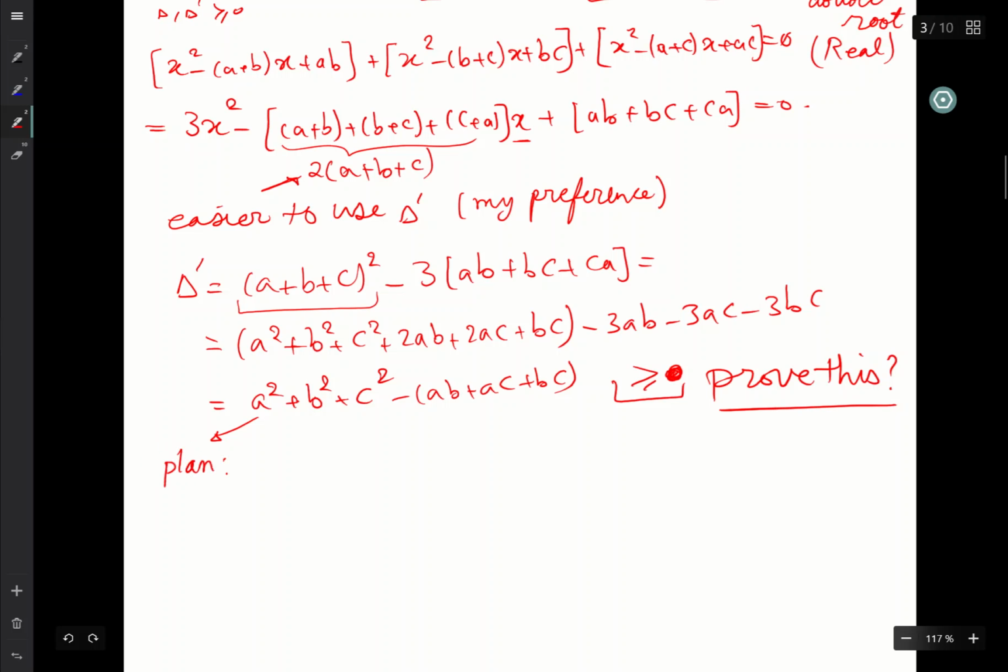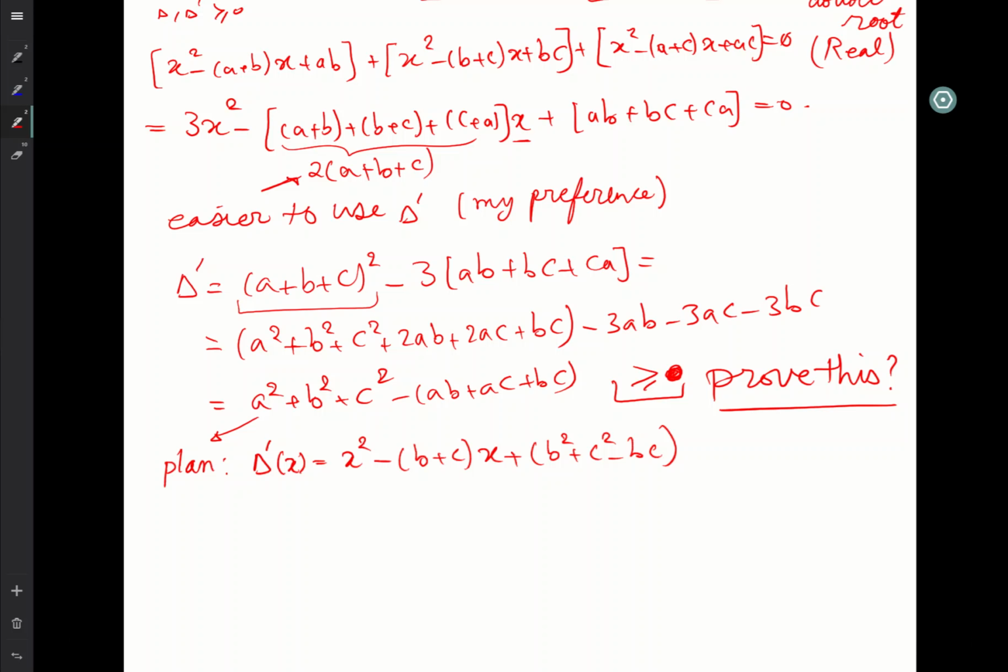Now this delta prime, I'm going to create it as a function of x: x squared minus (b plus c)x plus b squared plus c squared minus bc. Now you see what happens here. I basically substitute a with x, because a could be any real number, like b and c.